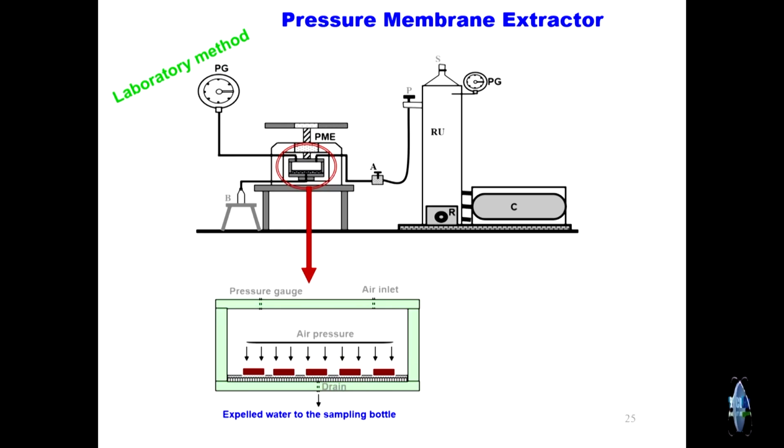It is a container where you can keep the soil samples in the dish, and then there is a filter at the bottom. You pressurize the whole system, and then the pore solution can come out, and this pore solution is collected into the bottles, and these bottles, which are known as vials, can be sent to the analytical chemistry lab.